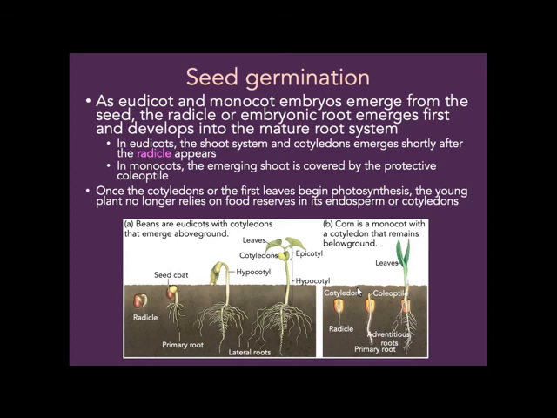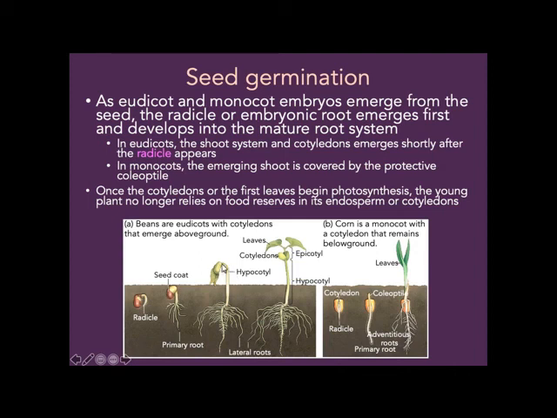All right, when the seed lands, we say that it germinates, meaning it grows. And as I mentioned before, with eudicot and monocot embryos, the radicle or the embryonic root emerges first, and then eventually, after it starts to be able to suck up moisture, it will develop into the more mature root system later. Okay, in eudicots, the shoot system and the cotyledons come soon after the radicle, this kind of baby root, appears.